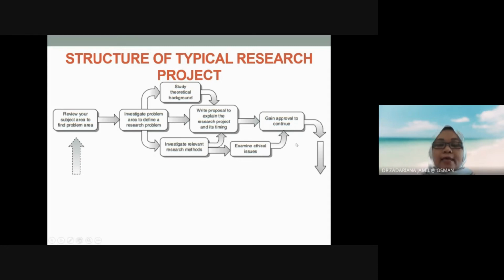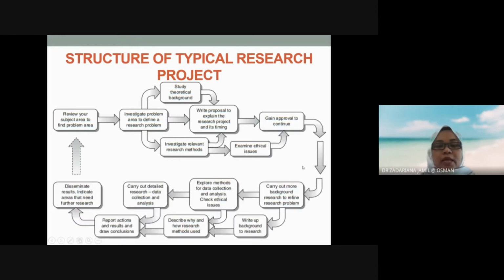And then from the evaluation and also the comments from the examiners, you need to improve your proposal accordingly. And then you can continue your research to the next level.